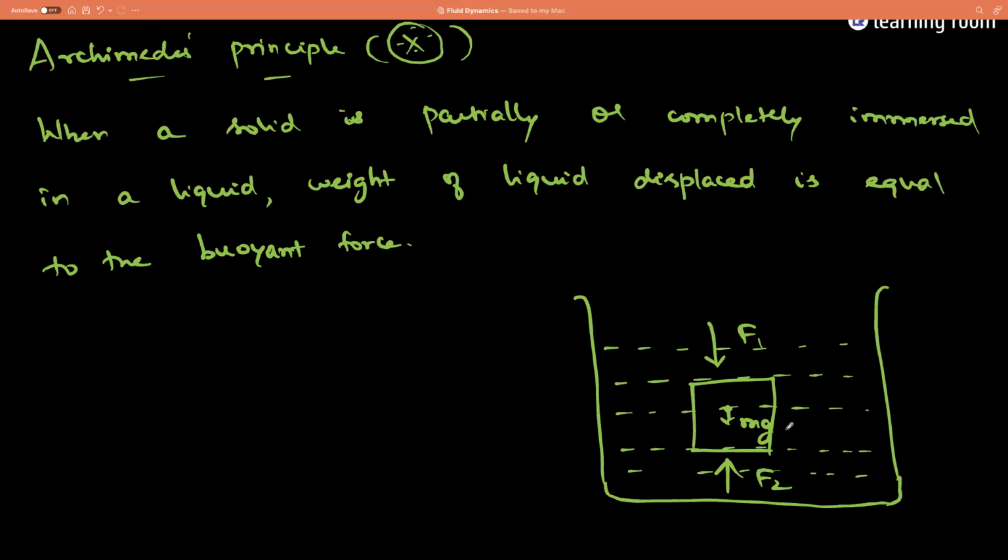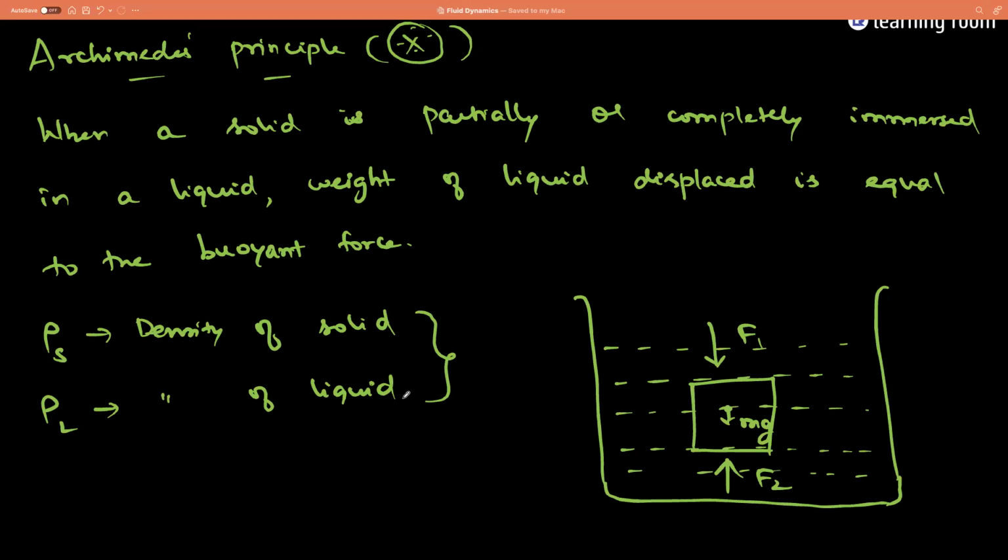Here I'm using rho s for the density of the solid and rho L for the density of the liquid. Now, under equilibrium condition, what can I write?